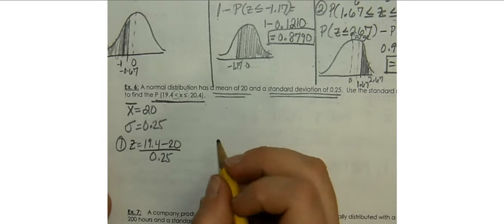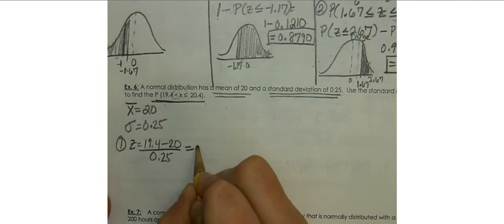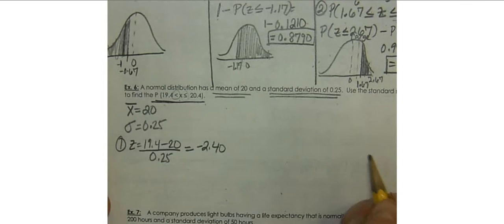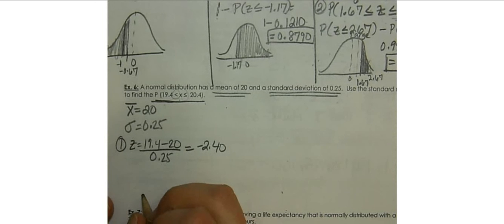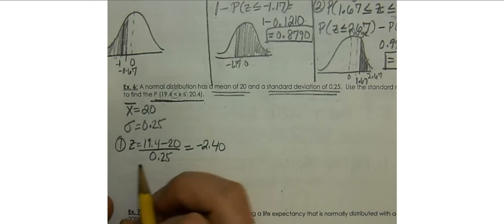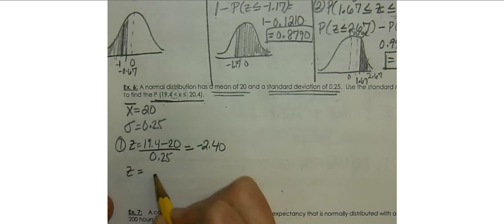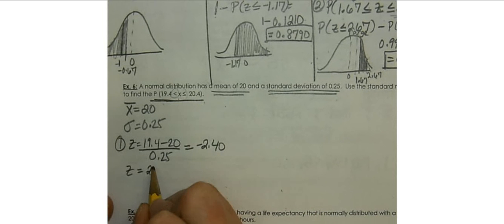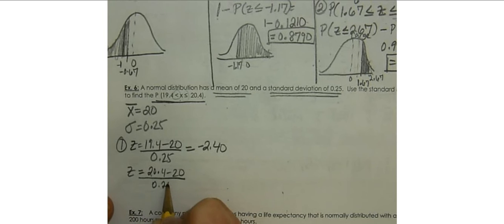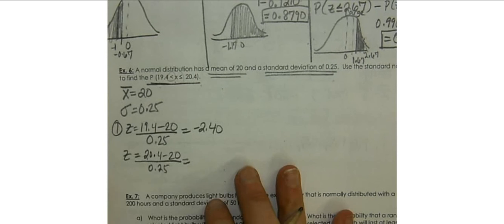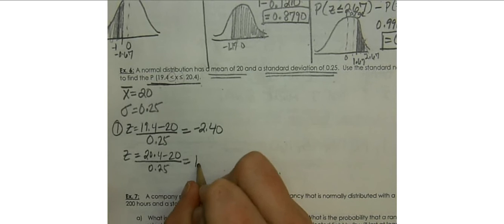And when you put that into your calculator, you're going to end up with negative 2.40. Next, I'm going to identify my next z-score, which is z is equal to 20.4 minus 20 divided by 0.25. That is equal to 1.60.